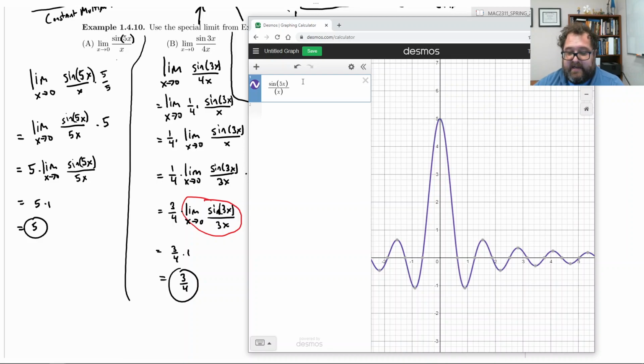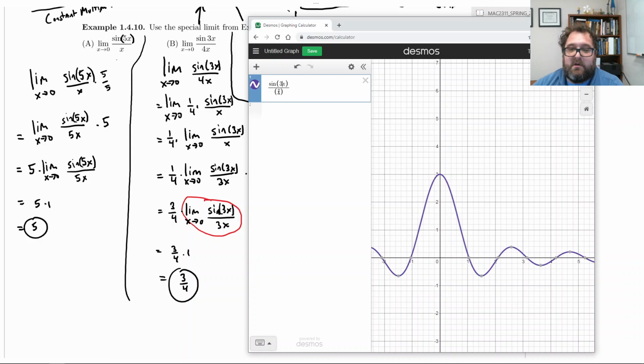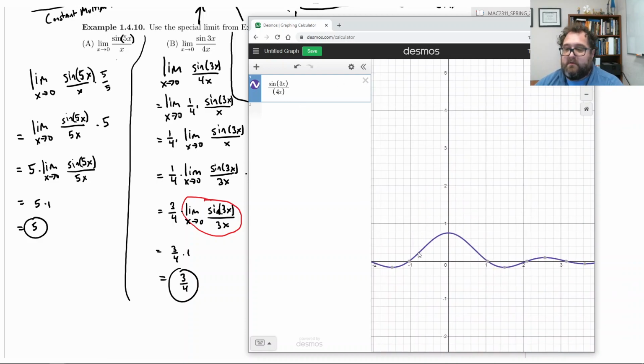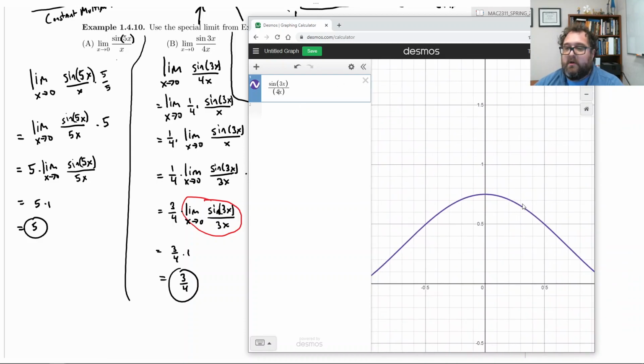What about sine of 3x over 4x? Approaching 3/4, 0.75. From the right, yep, 0.7495, 0.7497. From the left, yep, those y values are approaching 3/4, 0.75 from the left and the right.